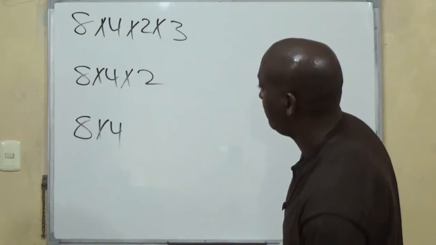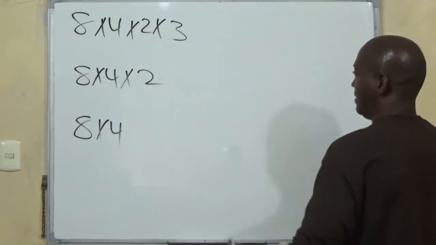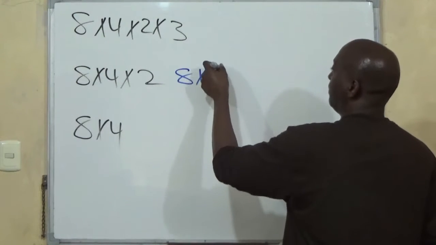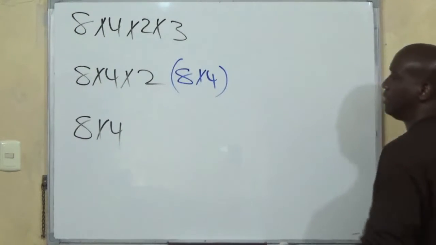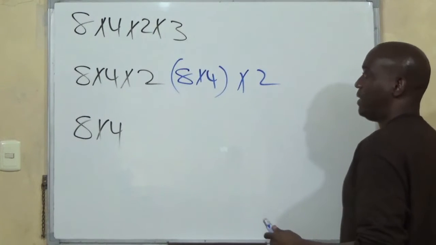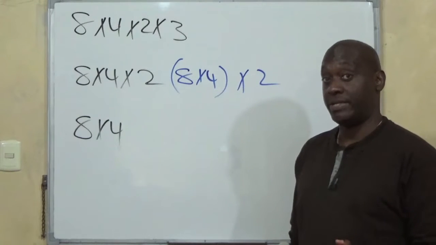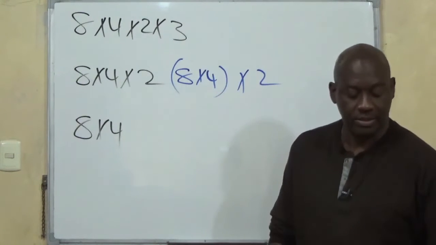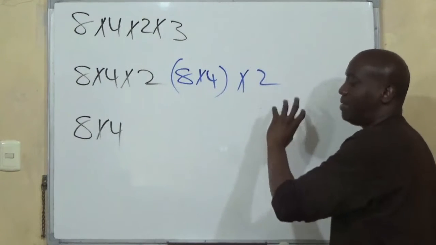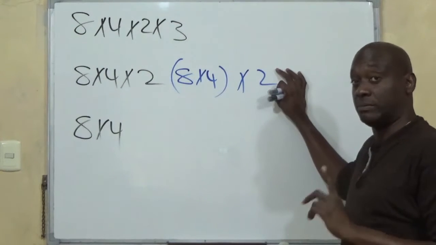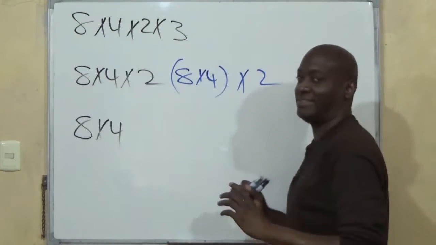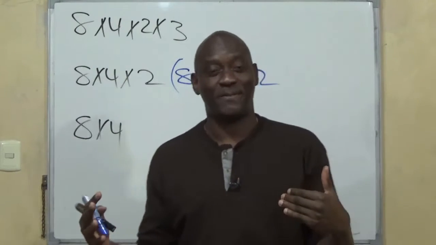If, however, I do this, if I say 8 multiplied by 4, I put that in brackets, multiplied by 2, now we have a binary operation because we have 2 operands. So in this case, the operand is the value 2. In this case, the operand is a whole operation by itself.